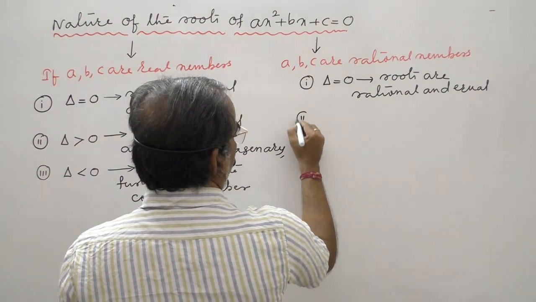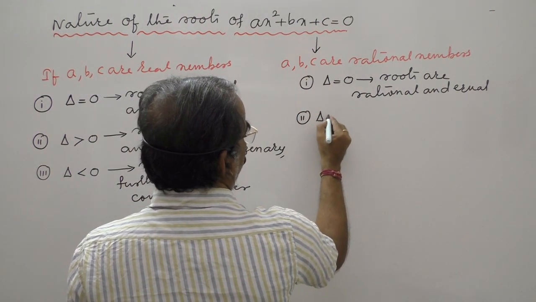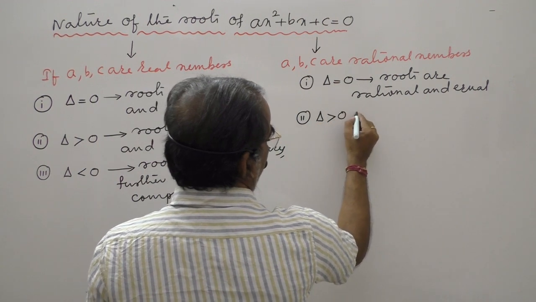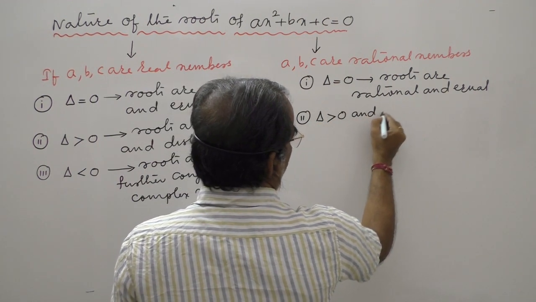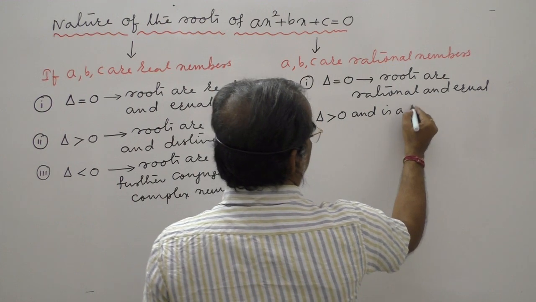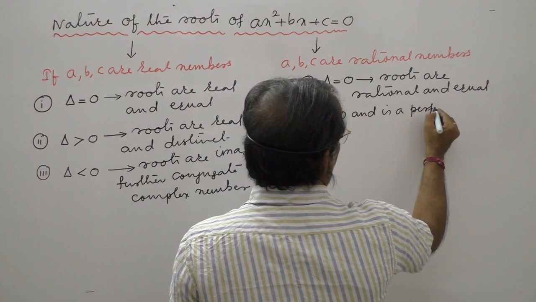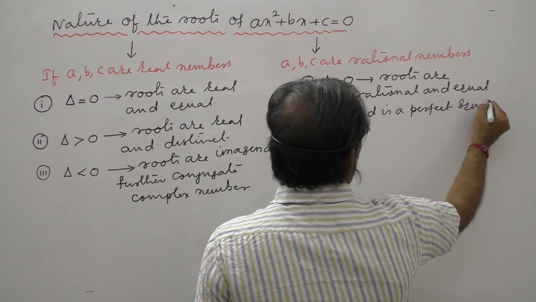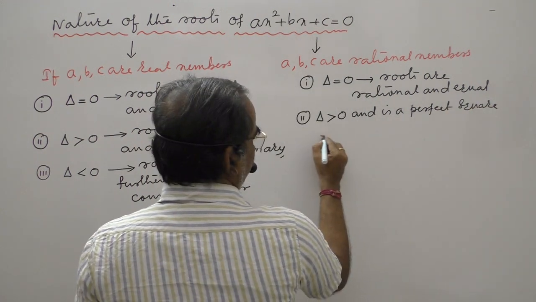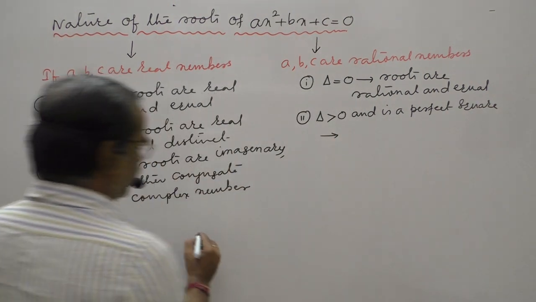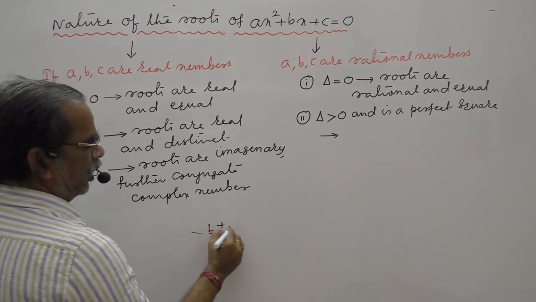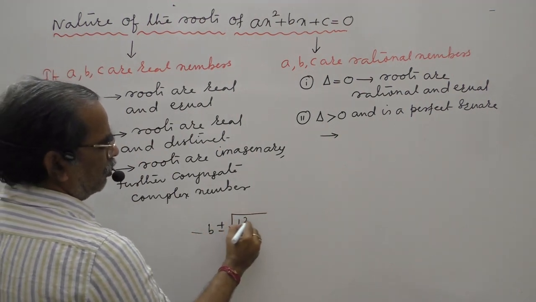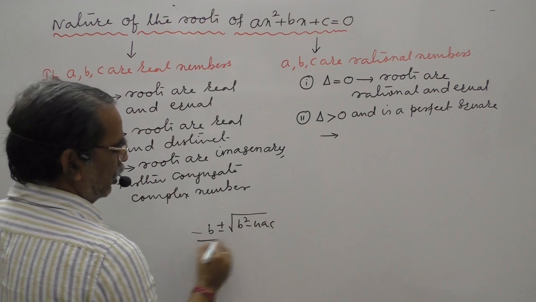Next, number 2. If delta is greater than 0 and is a perfect square, then what is this? Minus b plus or minus under root of b square minus 4ac by 2a.